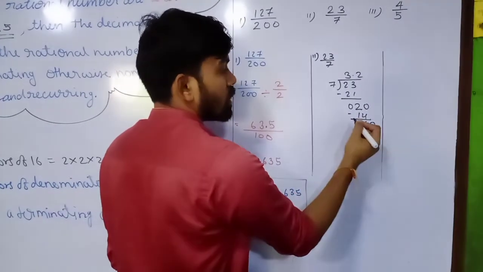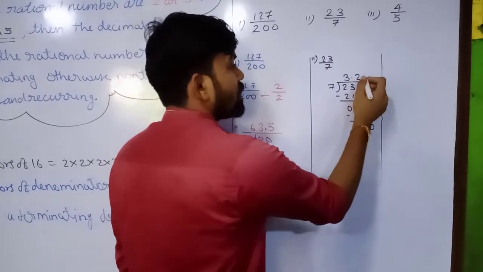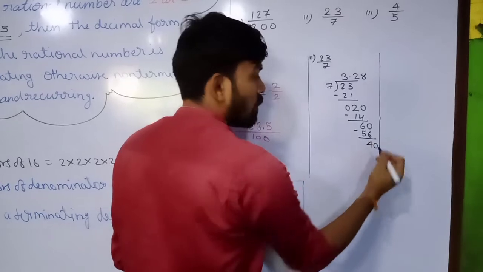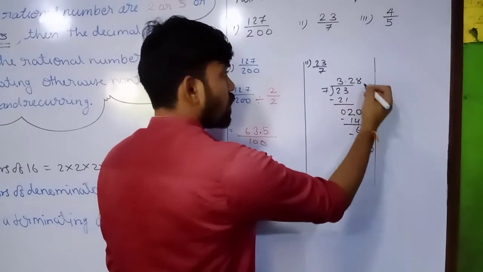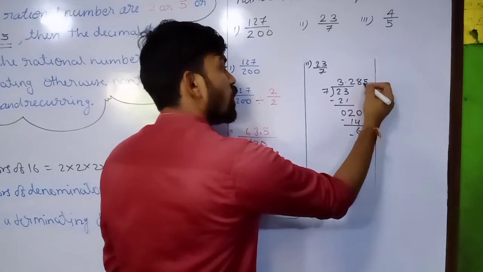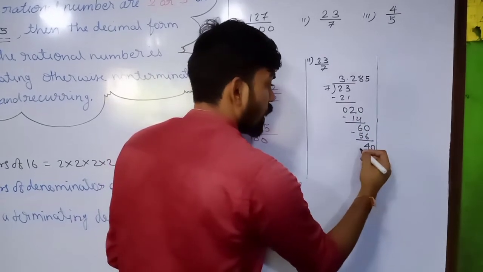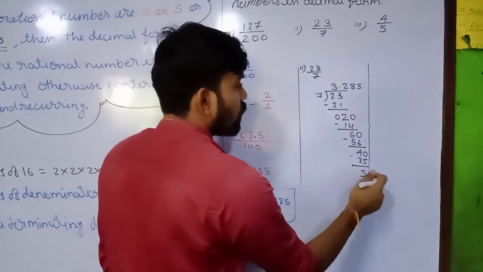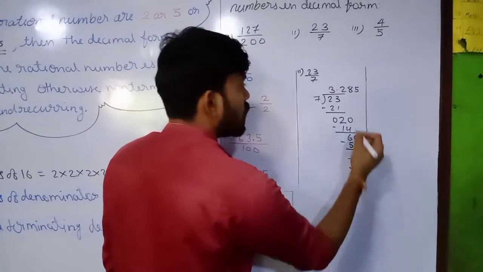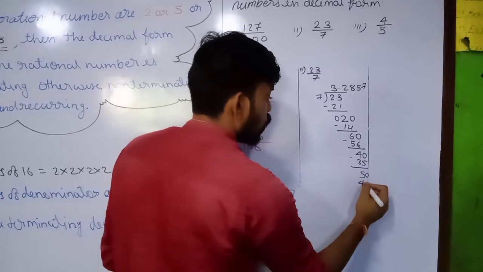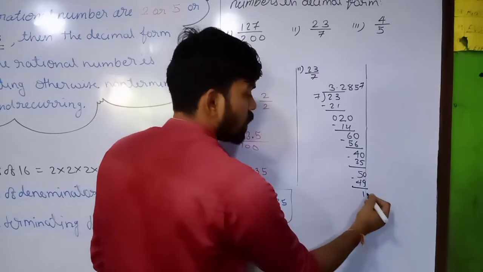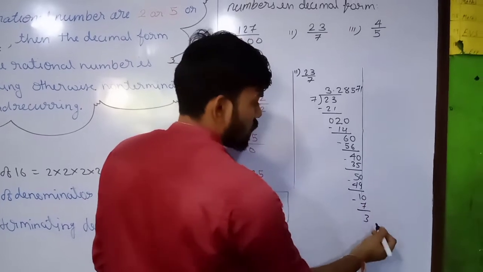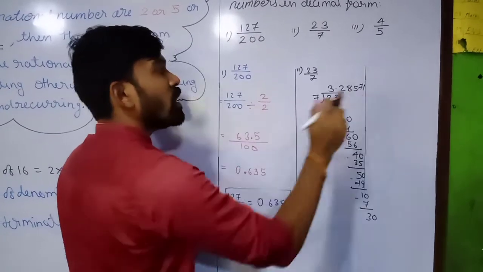Again 0, 60. 7 8s are 56, remainder 4, it will become 40. Again 7 5s are 35. So it will become 5. Got it? Then 5 will become again 50. 7 7s are 49, remainder 1, 10. 7 1s are 7, remainder 3, 30. This way it comes like that.